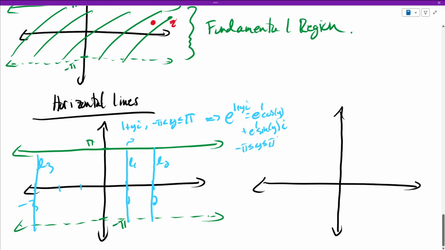And if you think about that for a second, that's a circle of radius e, and it's the full circle, because we have all of the angles, all the way from negative pi to pi. So the image of L1, if we mark e here, put it in green, the image of L1 is a circle of radius e centered at the origin.